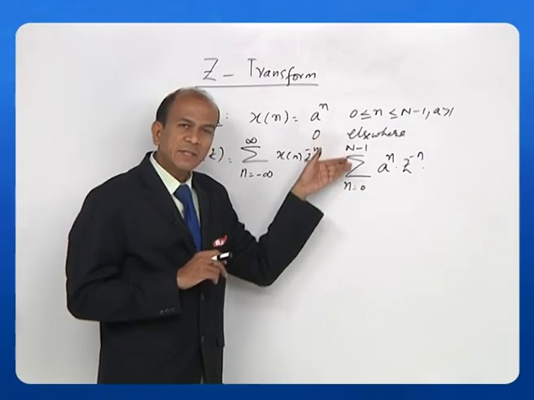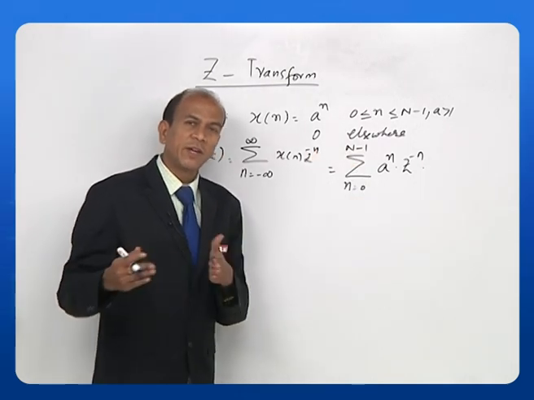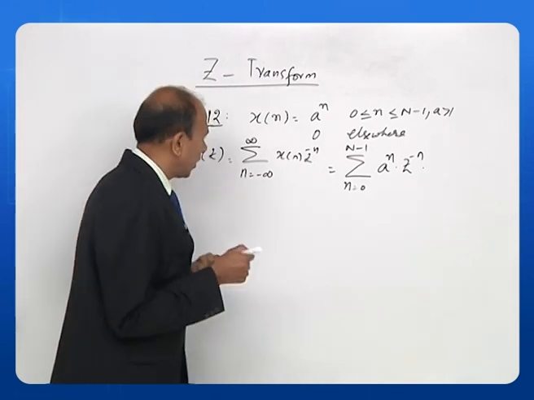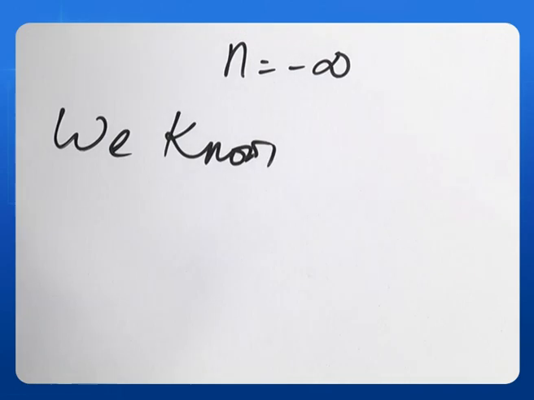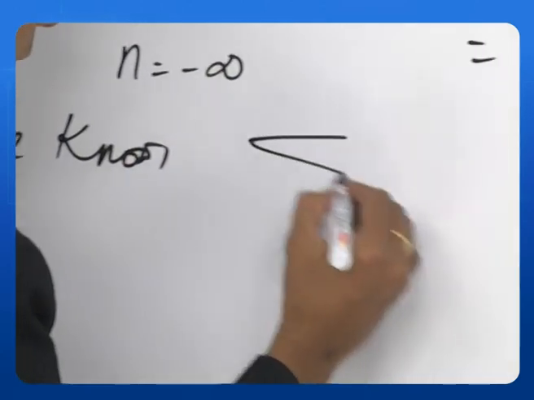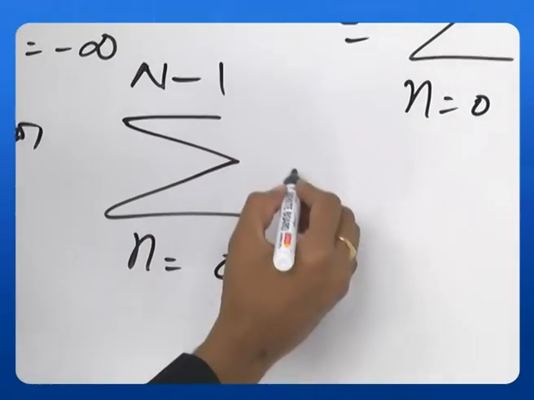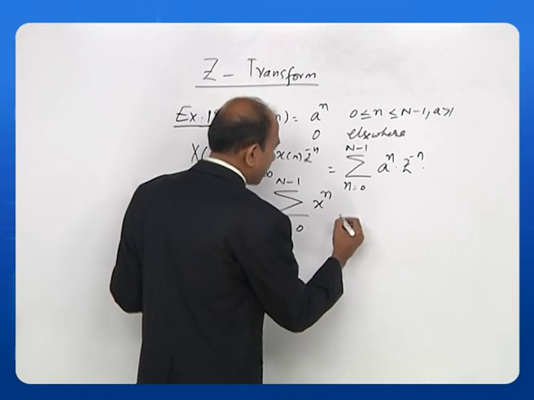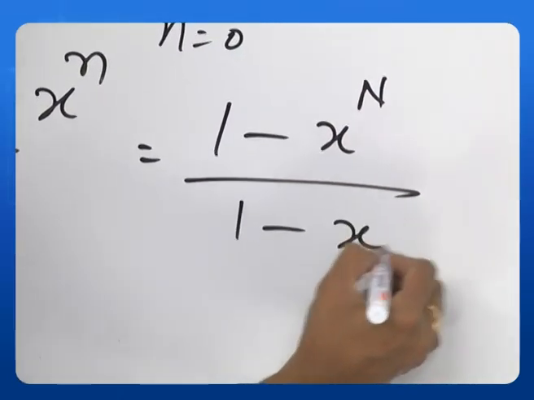Because the summation limits are a little different, we have to take into consideration our earlier knowledge, where we will put here the formula which we know. We are using it here. Let us say this is what we have: the summation n equal to 0 to N minus 1 of x to the power of n, which is equal to 1 minus x to the power of N by 1 minus x.